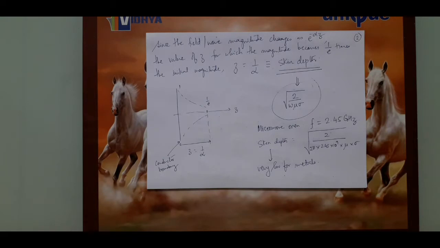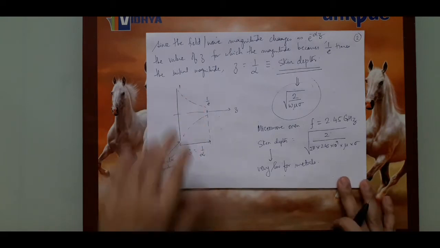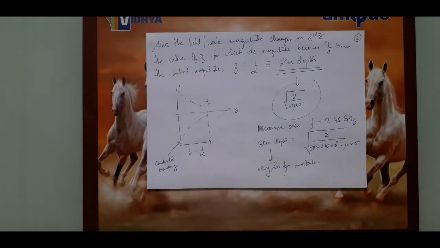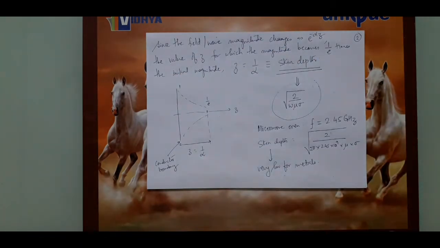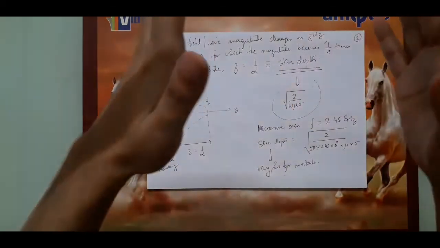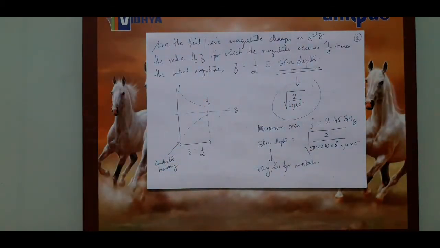So the skin depth inside metals is rather poor because most of the wave essentially gets dissipated near the boundary of the metal. So what you will see essentially is that if such a thing happens, your metallic body will get heated up, but not the food inside it.